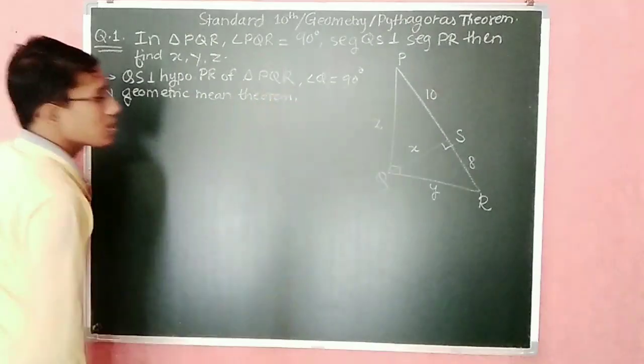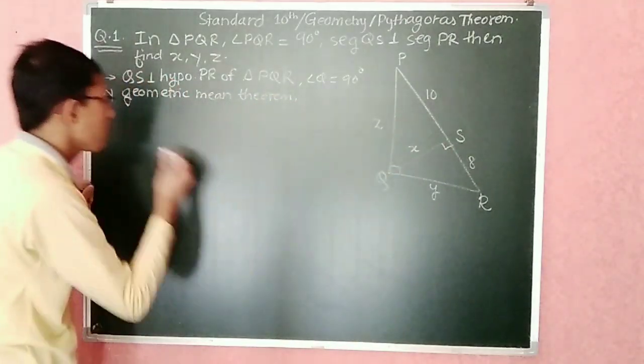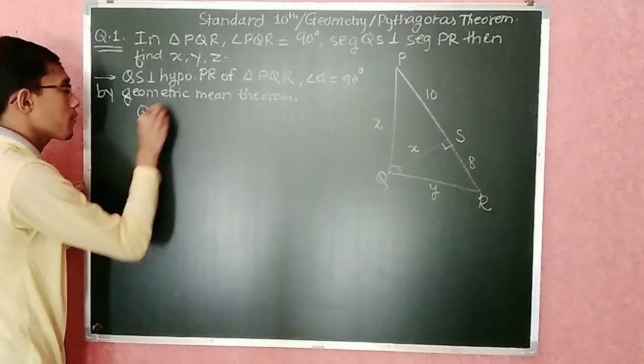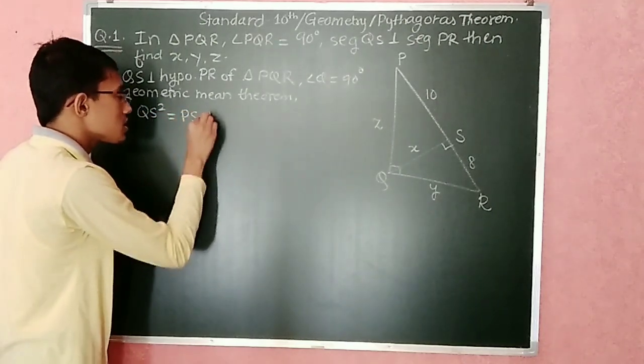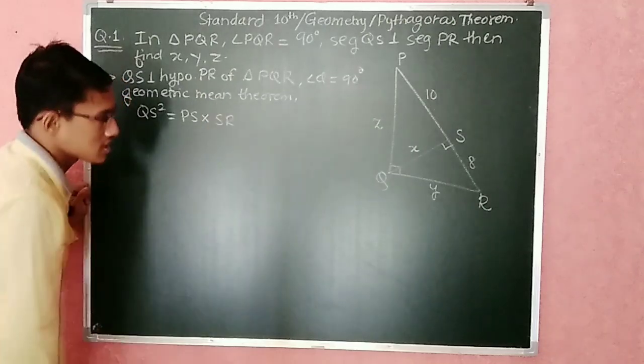What I can write is that QS is the geometric mean, so QS square is equal to PS into SR.